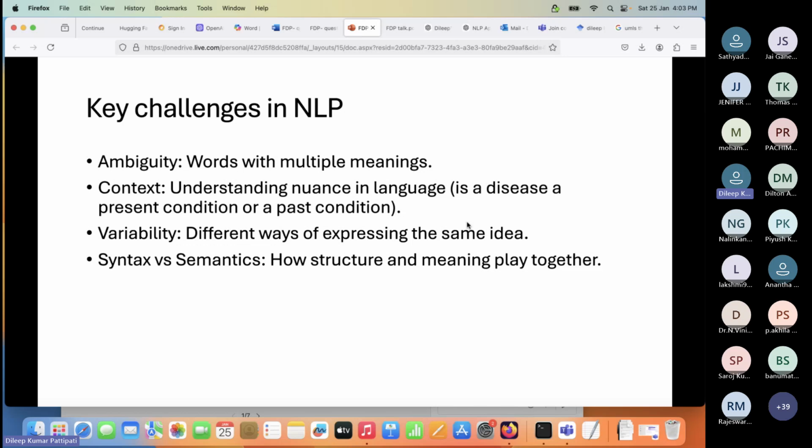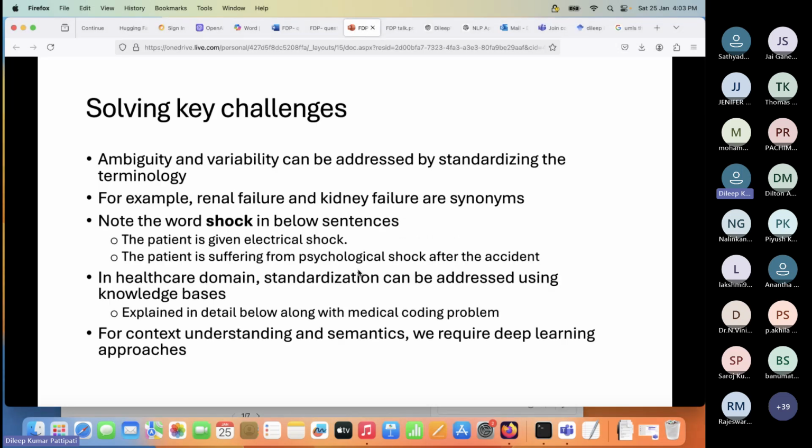The words kidney and renal actually mean the same, but you can express the same idea in different ways. The syntax and semantics of natural language also pose another challenge. So, we need to address all these challenges. These challenges are common across any NLP problem in any domain, not just in healthcare. So how do we handle them?